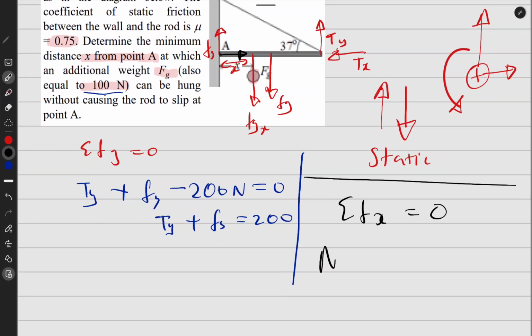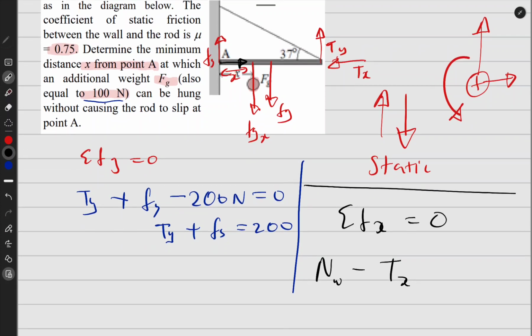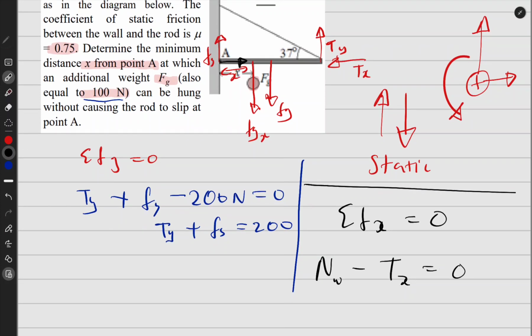On this side I'll have T going this way, which is negative, so negative Tx. Is there another force here? I don't see any. You will tell me if you see one. I think that's all. So it equals 0.